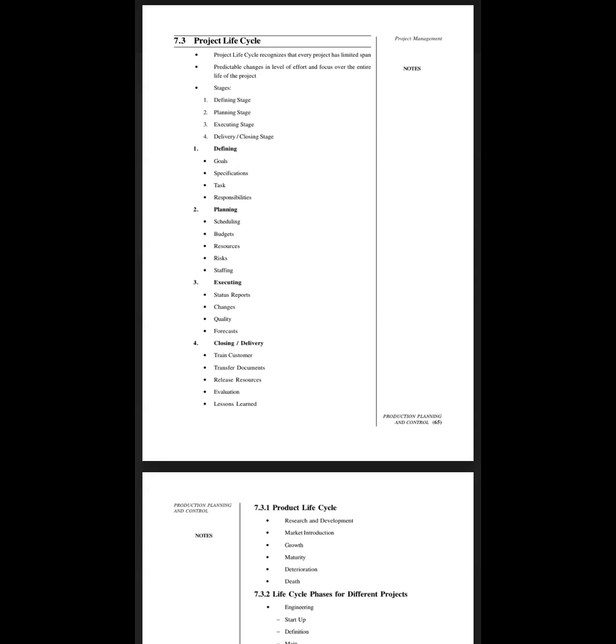Defining goals, specifications, tasks and responsibilities are the defining stage. The second one is the planning stage. In the planning stage, we do the scheduling of work, budget, resources, risks and staffing. Staffing means we are recruiting people who are required for a proper job and who have the skills to perform that job.